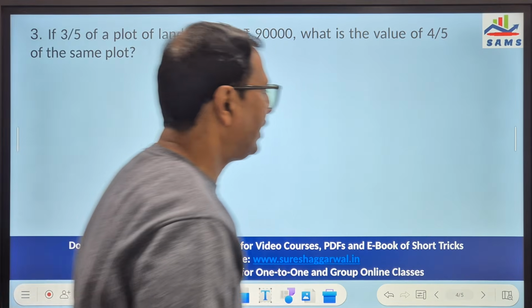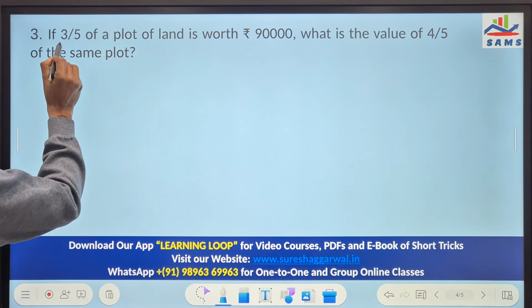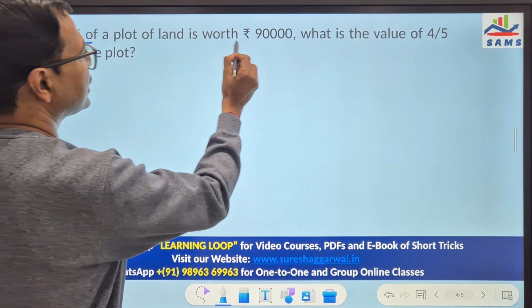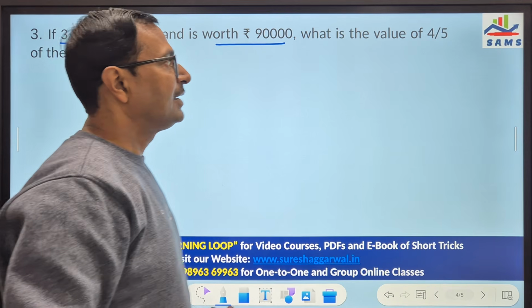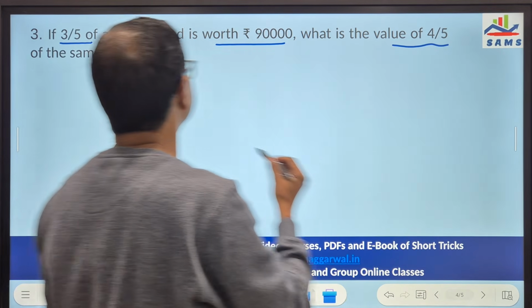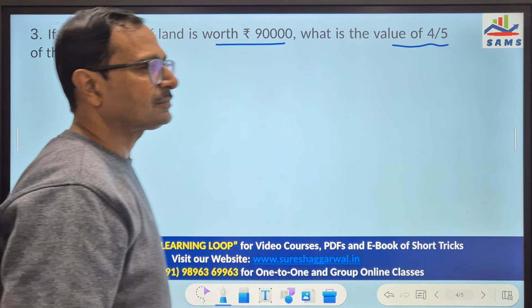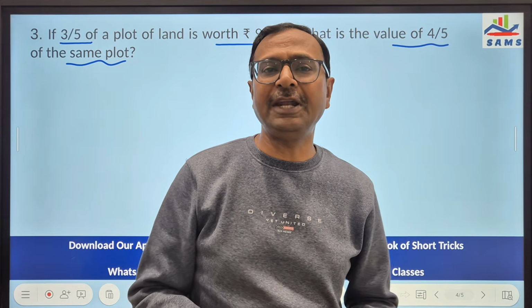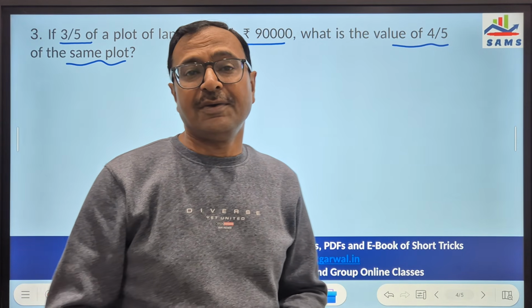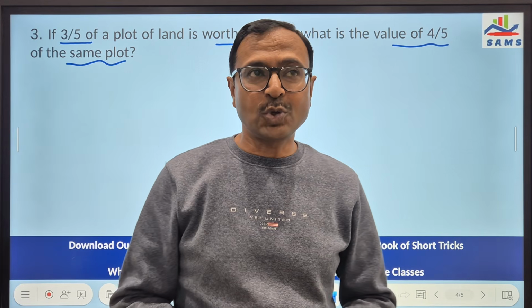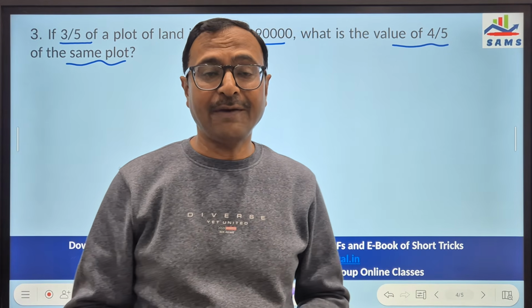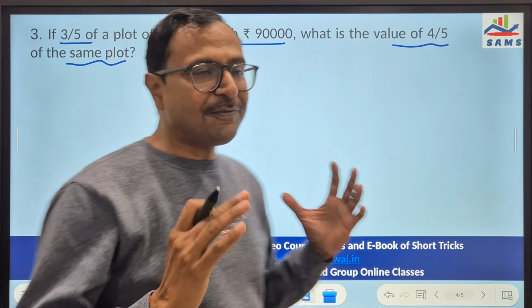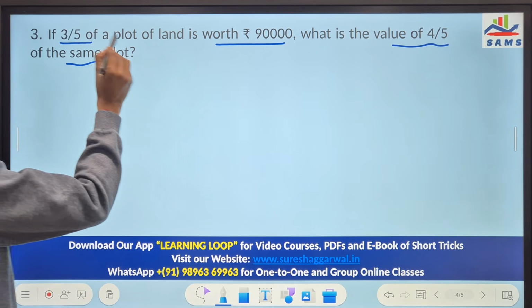Likewise, if you have a problem where 3/5 of a plot of land is worth 90,000 rupees, then what is the value of 4/5 of the same plot? So you can do it in many different ways. But since we are also dealing with school students, I have to tell you the basics. So the first thing is 3/5 of the plot of land.